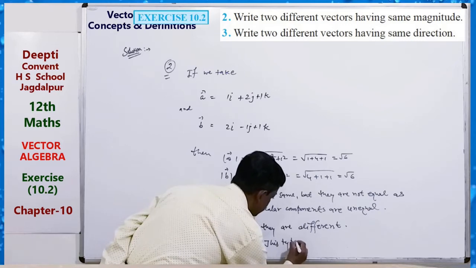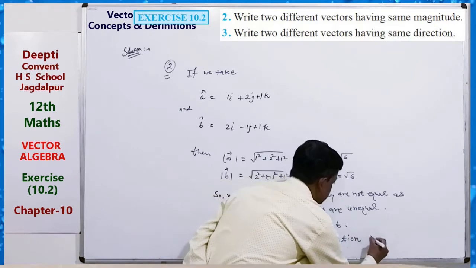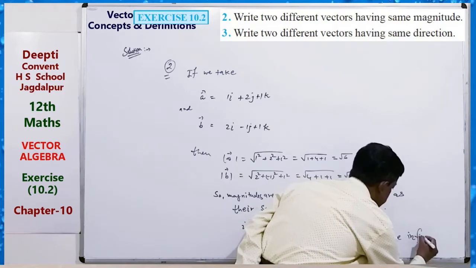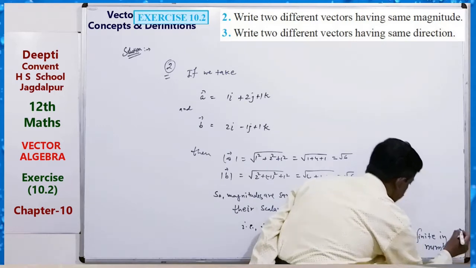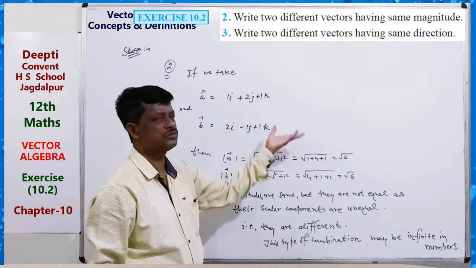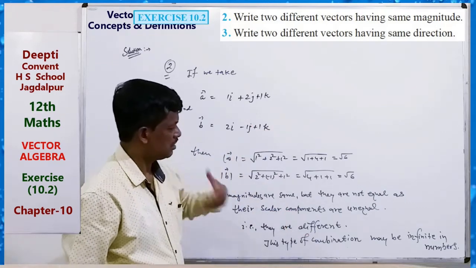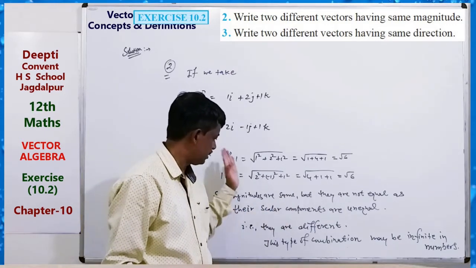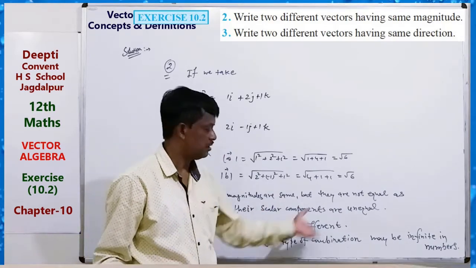This type of combination may be infinite in numbers, maybe taking anything like 1, 3, minus 1, or 3, 1, 1, and so on, as you like. For equality of two vectors, the components should also be equal, but here unequal, so the vectors are different.